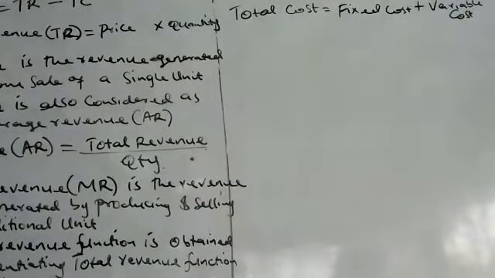The variable costs are those that keep on changing depending on your level of production. If you produce more, those costs are also going to be more. If you produce less, they are also going to be less. But for the fixed cost, whether you produce more or less, the costs are constant.